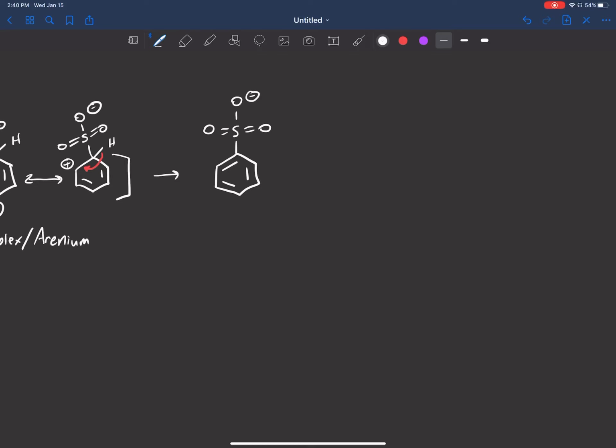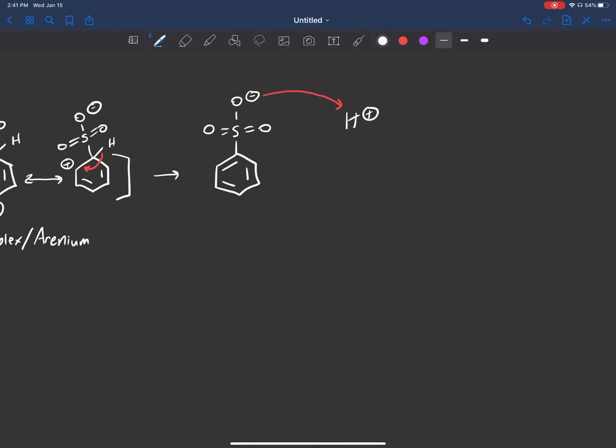Now it doesn't stop there. Because we're in acidic conditions, we can protonate that O minus, so it's going to get a proton. You could write it like this, or take it from the H2SO4. I'm just going to leave it as a proton.